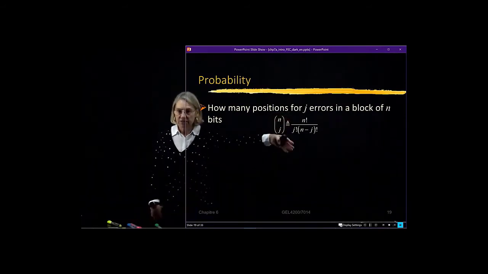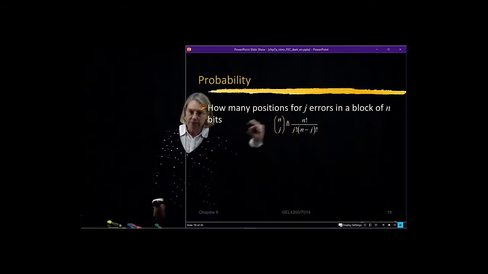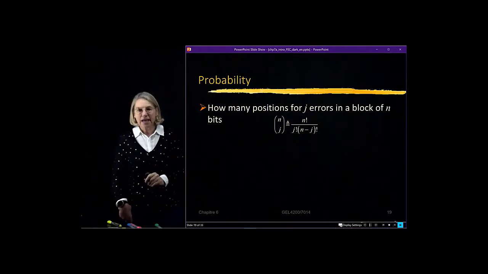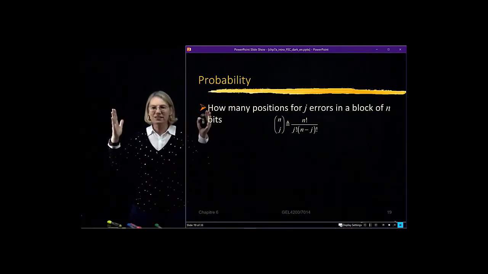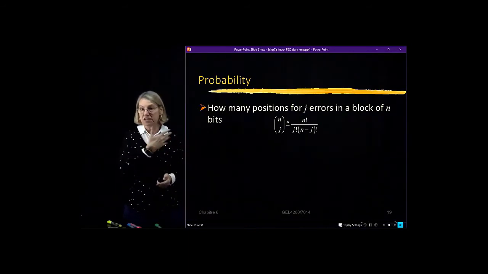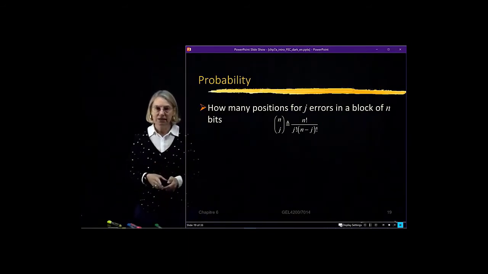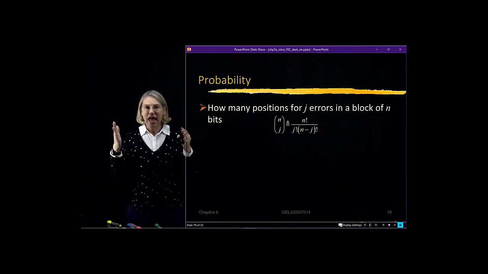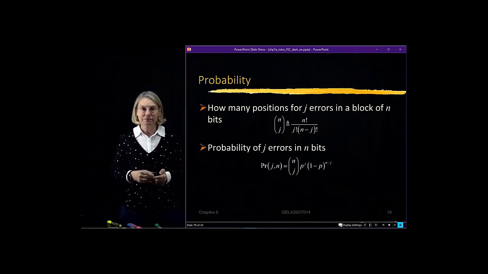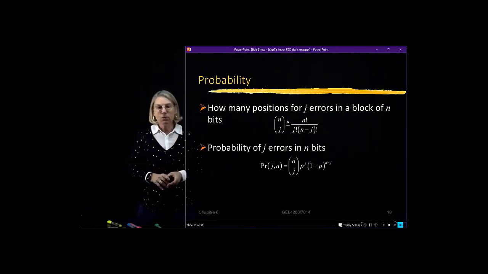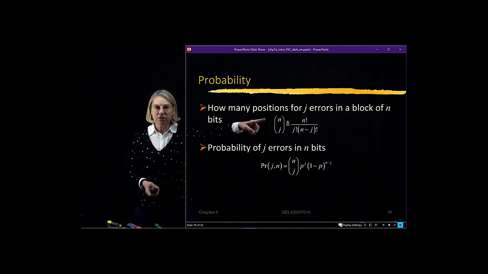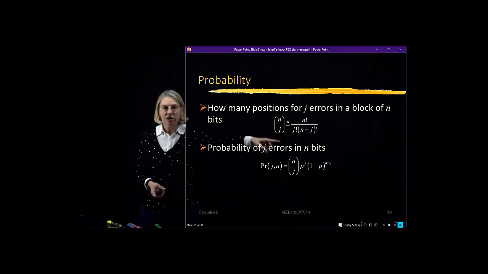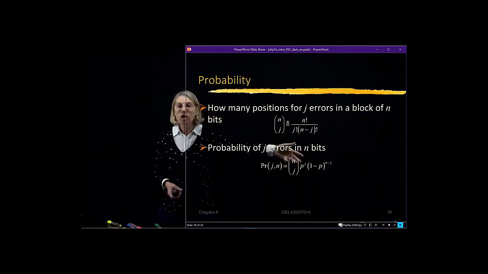So n factorial divided by j factorial divided by n minus j factorial tells me in that block of n bits how I could place j errors. So that's how many blocks have j errors in them. Now, what is the probability of getting j errors in n bits? I would take the number of times it could occur times the probability that it would occur.